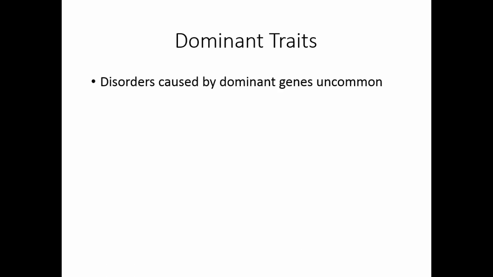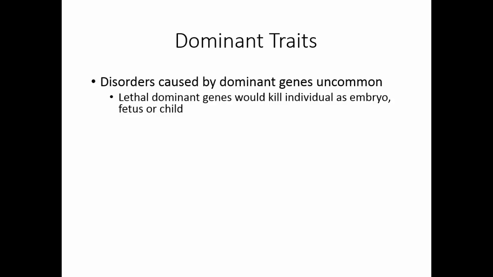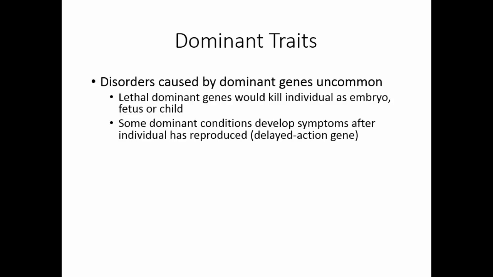As we have just seen, genes control the presence or absence of certain diseases. Disorders caused by dominant genes are relatively uncommon. If a gene is dominant, as we saw with achondroplasia, then the individual would die as an embryo, a fetus, or a child. So lethal dominant genes would not survive to be passed on to their offspring. Some dominant conditions develop symptoms after the individual has reproduced. We call these delayed action genes. Huntington's disease is such a disease.